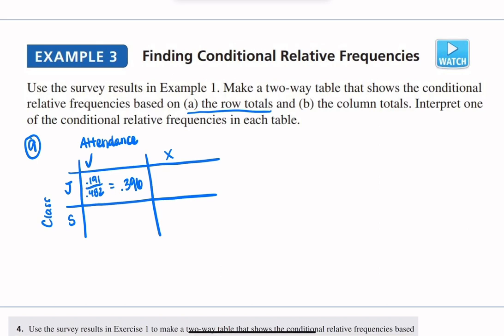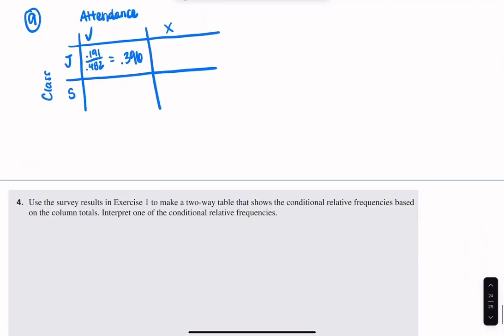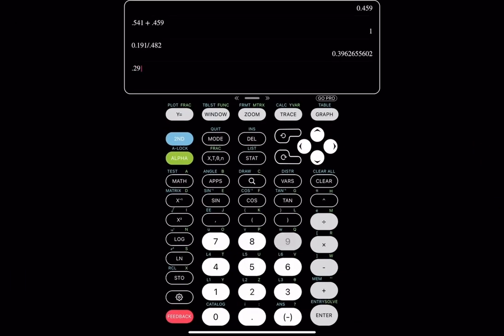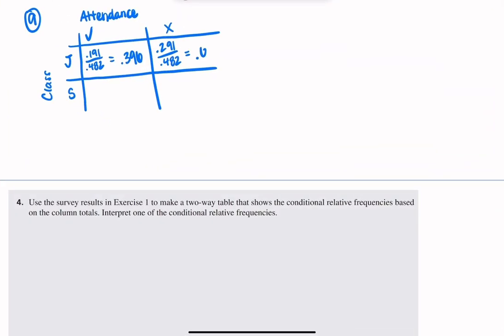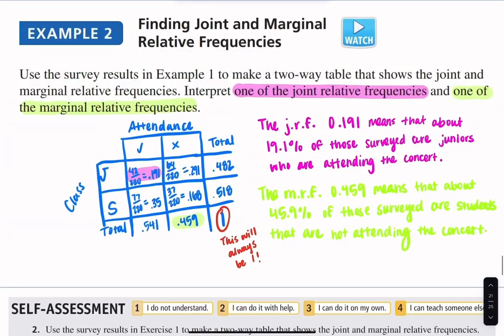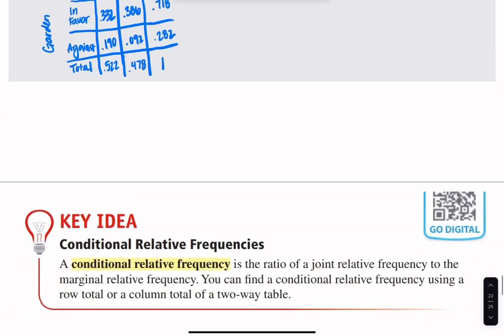Okay, juniors not attending, that's 0.291 divided by that same row total, 0.482. So about 0.604. All right, seniors attending, that's 0.35 divided by my row total, 0.518.